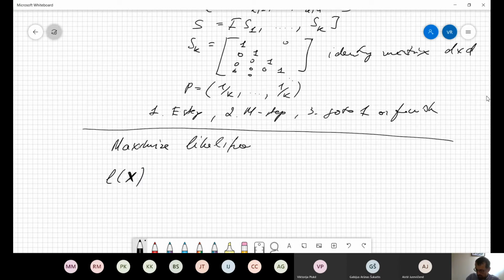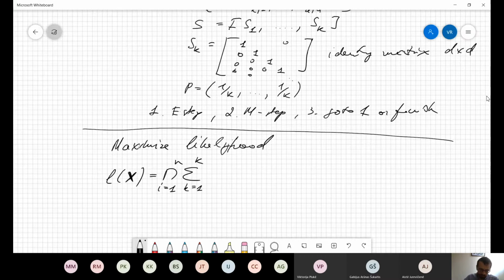Likelihood, right? Maximize likelihood. The likelihood can be written as a product of all the probabilities, since these are independent events. The total probability for observing a certain event is actually a sum, following the total probability sum.